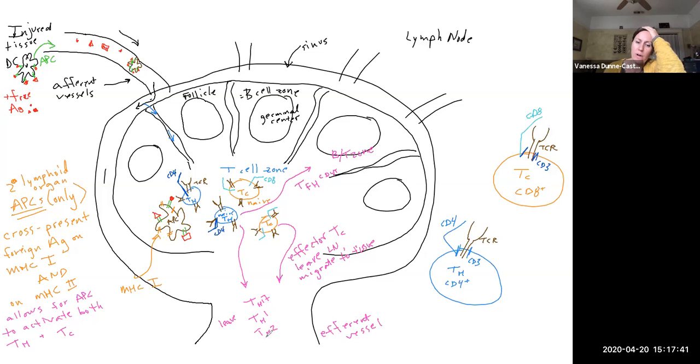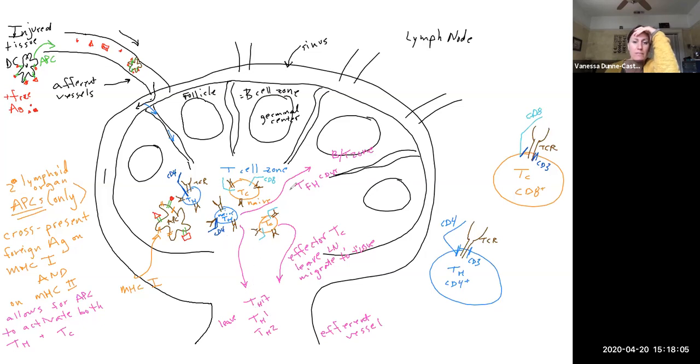Some of these cells will go and become resident cells in the tissue. Others will go into circulation. So it depends upon their destination, but they can migrate to that injured tissue and have their response there, or they can stay in circulation and be systemic and have their response there. So again, it depends upon what's happening in the body where these cells will go.